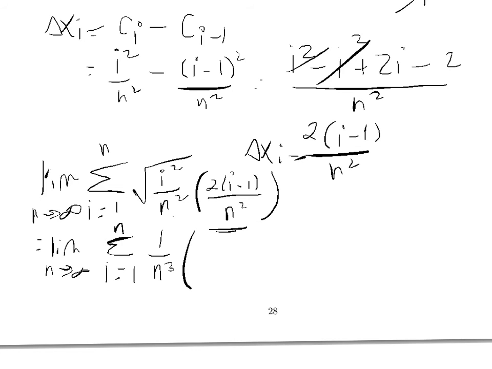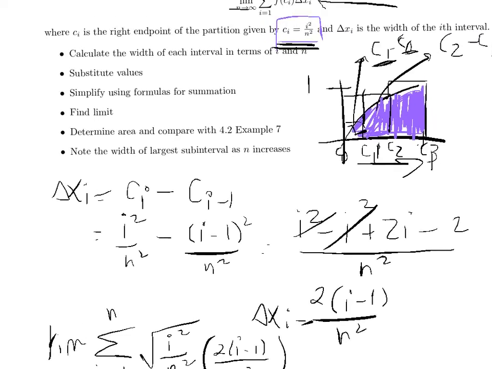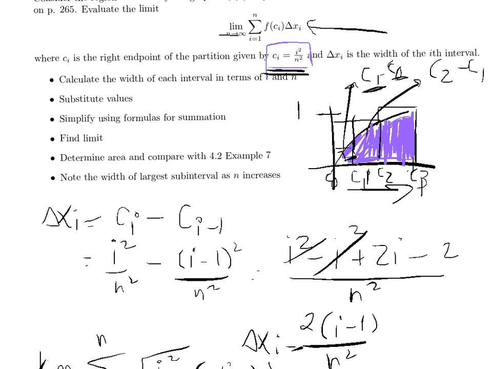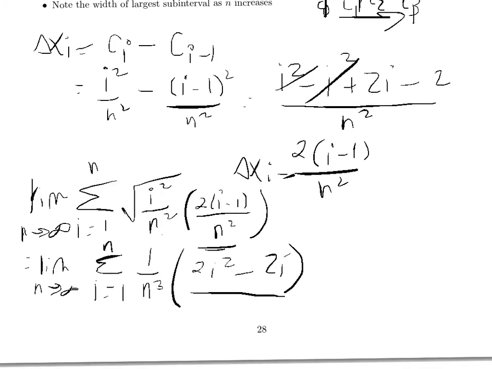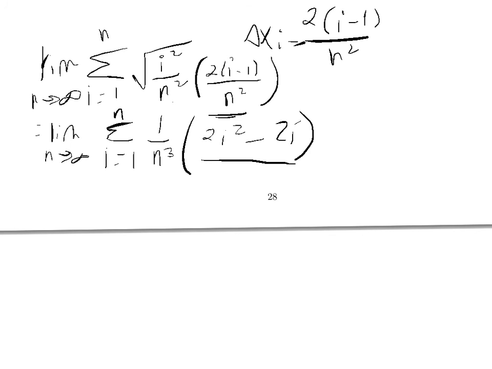Inside we're left with 2i squared minus 2i. Look good? And that's it, with our n cubed out front. Now that we have everything in, we can use our summation formulas to simplify and get our final answer.